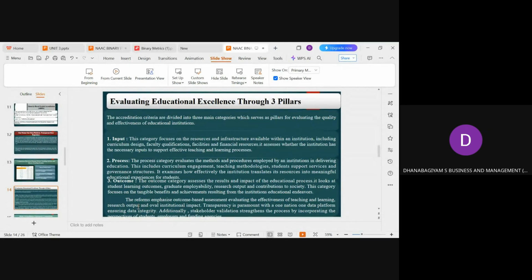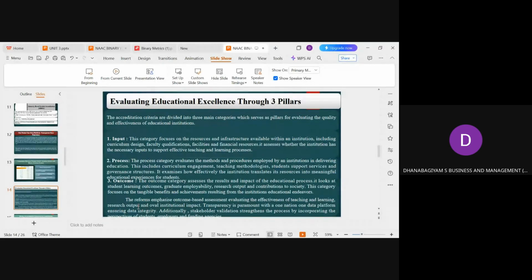So this all comes under the operation area. When all these parameters under the operational area are clear, then definitely we can tell that our institution is capable enough to give a good education and impart good learning to the students.